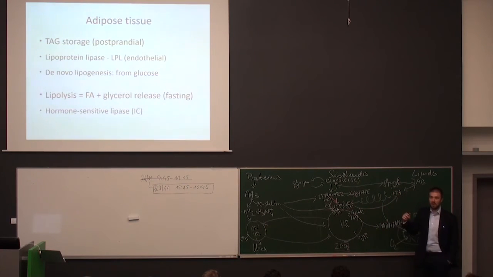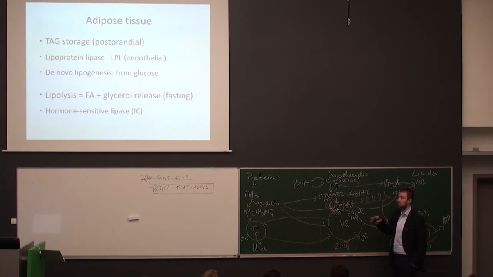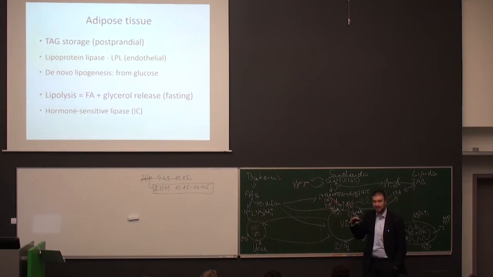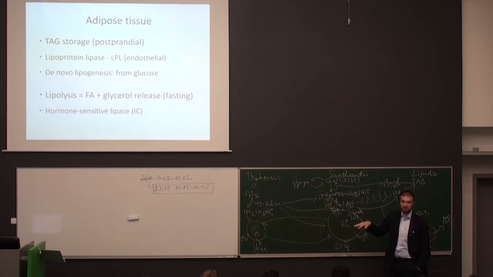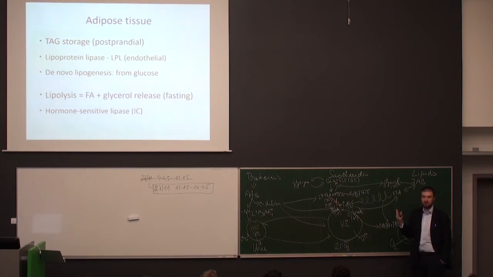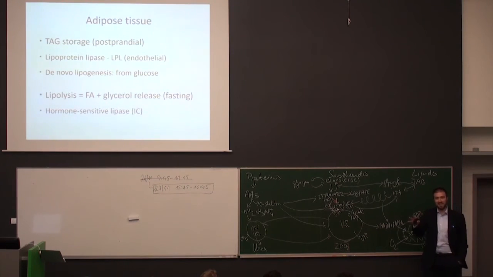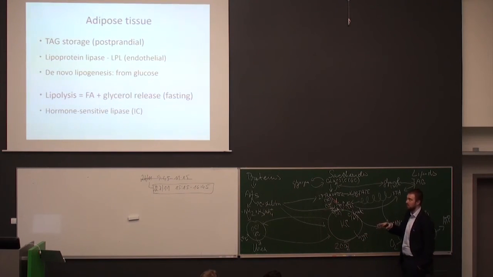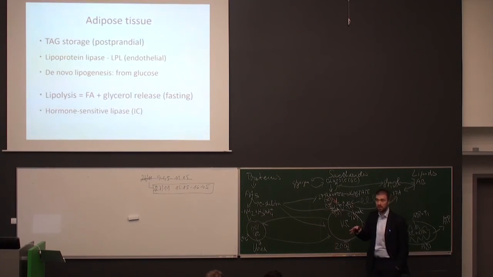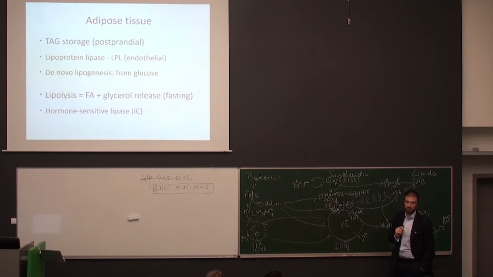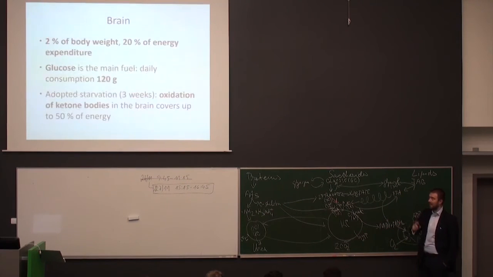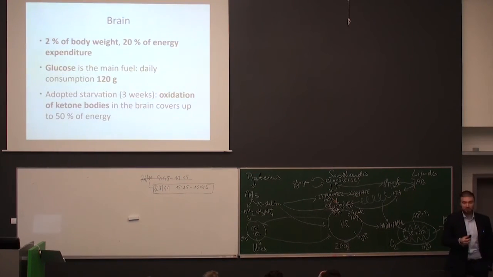That means without adipose tissue, it's not possible to be. And if you make an artificial animal model without adipose tissue, the animal is absolutely not healthy, yes? But to have a lot of adipose tissue and to be obese is also not healthy. So it has a very significant role in metabolism, the storage of energy, and the signaling inside the energy metabolism. And the last organ is the brain.